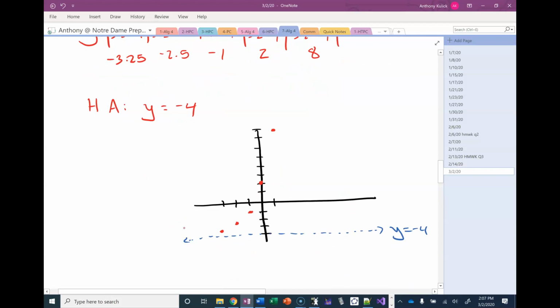Okay. So I'm going to connect these points now. For an exponential function, we can always connect these. We're going to have arrows at both ends of our graph. I want to point out to you guys here, you'll notice that my graph and my asymptote are almost parallel at one end of my graph.